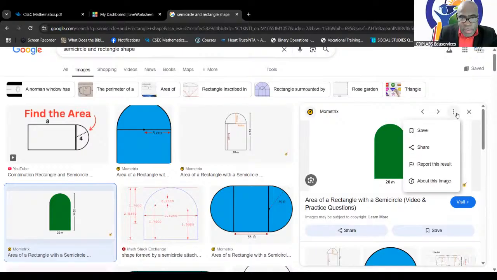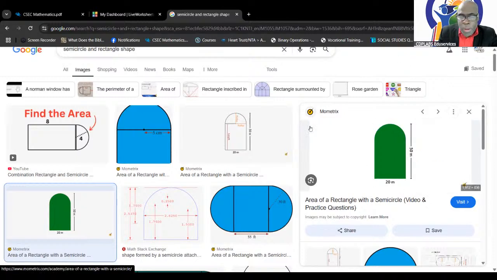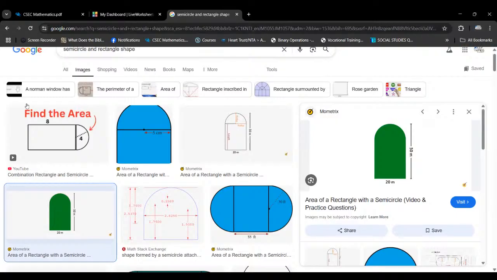If you see it's a combined shape, the question I'm asking now is: what are the shapes that make it up? One circle and one rectangle.